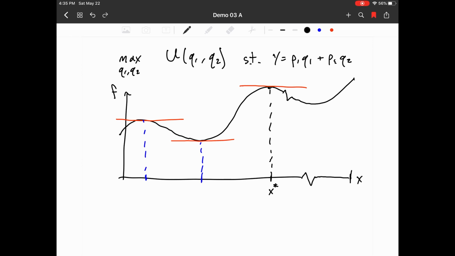So this is sort of our end. This point here is actually the largest value, but the derivative will not be 0. The derivative will actually be positive.